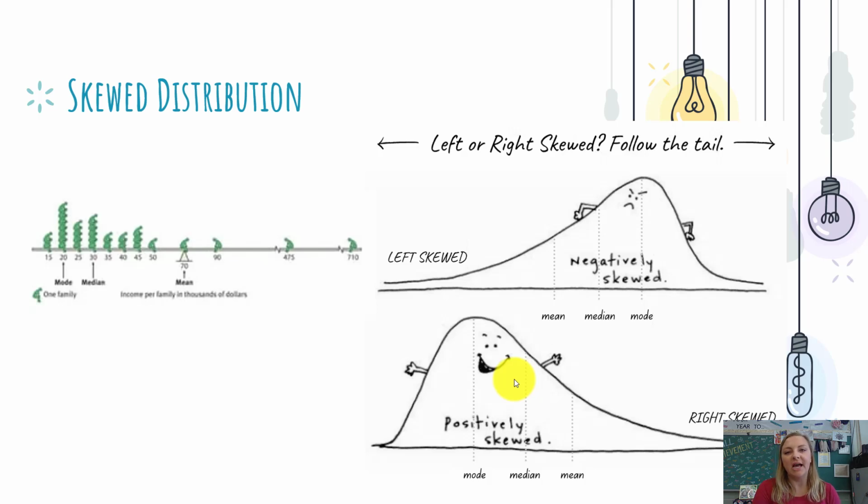And we have two different types of skewed distribution. We can have positively skewed data or we can have negatively skewed data. And the way I remember the difference between these is that the little tail here is pointing like an arrow toward a negative side of the number line, and our positively skewed tail here is like an arrow pointing toward the positive side of our number line.